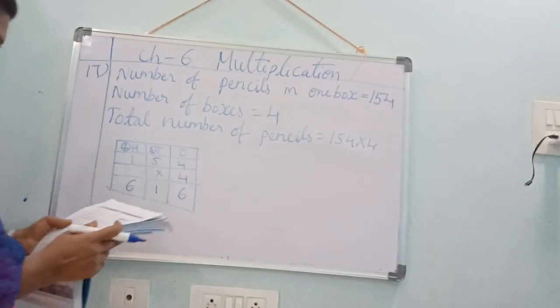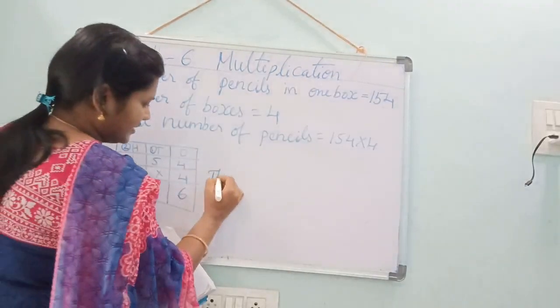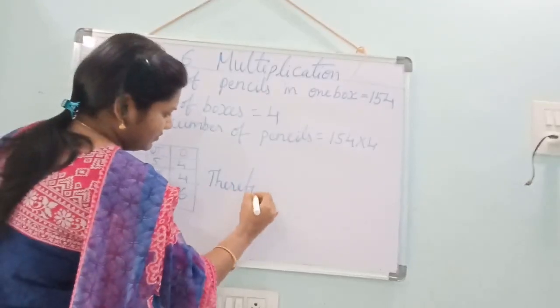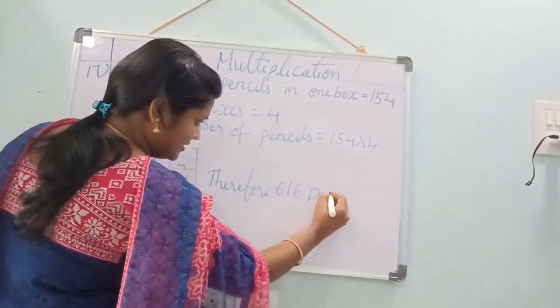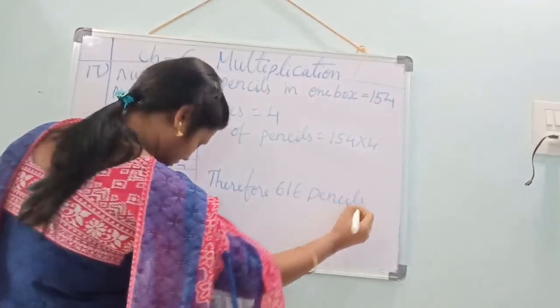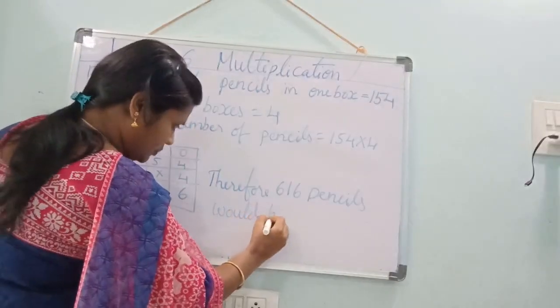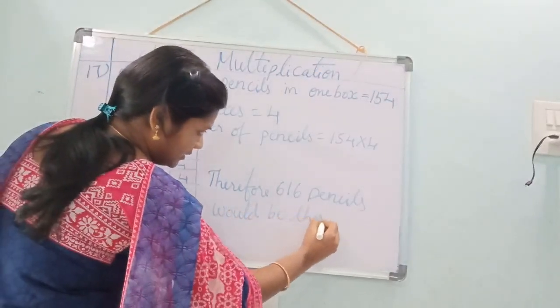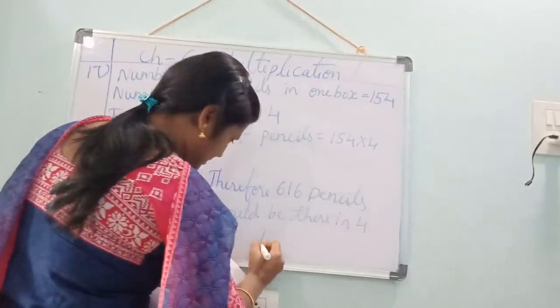How many pencils are there? Total number of pencils 616. Therefore, 616 pencils would be there in 4 boxes.